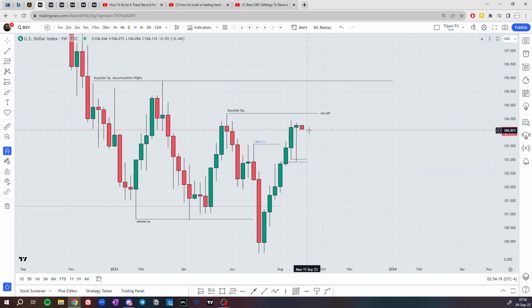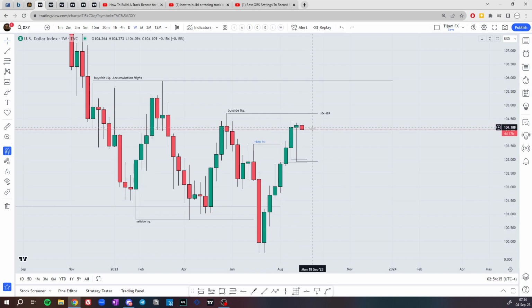I'm expecting this week to be an expansion, but I don't want to see price retrace to check the previous weekly candle. If price retraces to check this low here, there is a higher chance that price is going to fill this fair value gap.